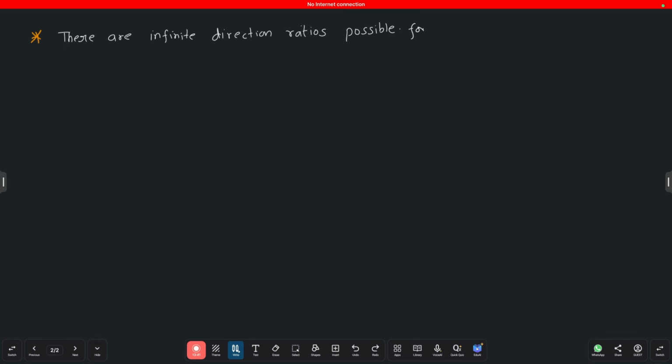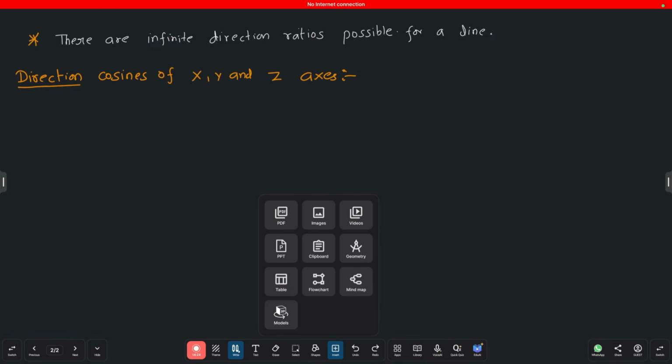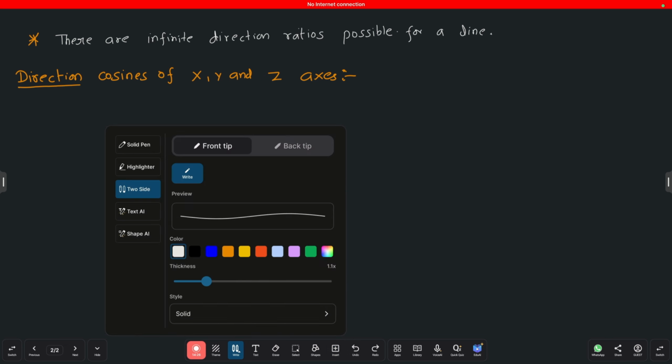Important things: direction cosines of the x, y, and z axis. You tell me, the x axis is also a line.